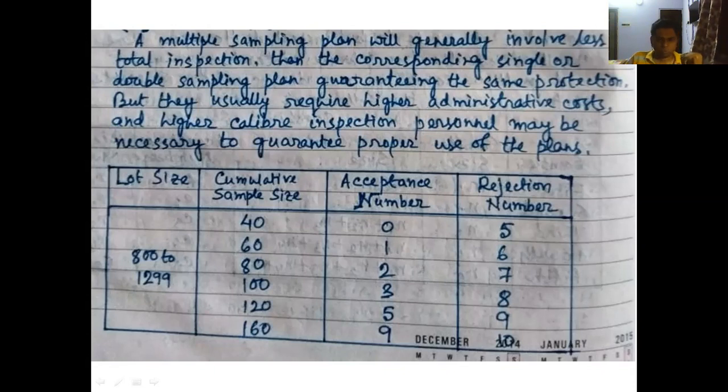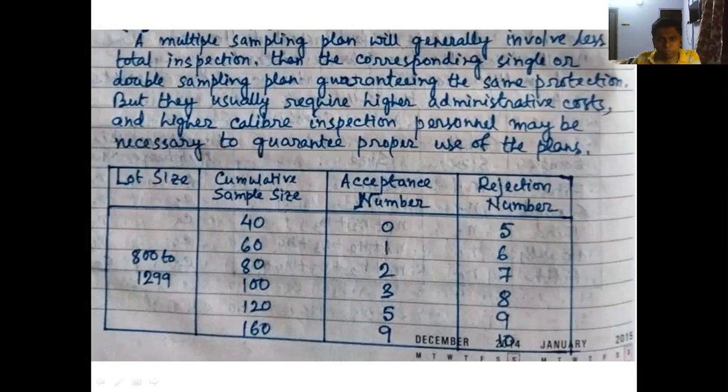I will discuss later on how we can balance these things. But now, apart from this question, there are also two other issues. One issue is in which particular cases we will go for single sampling, when for double sampling, or when for multiple sampling.